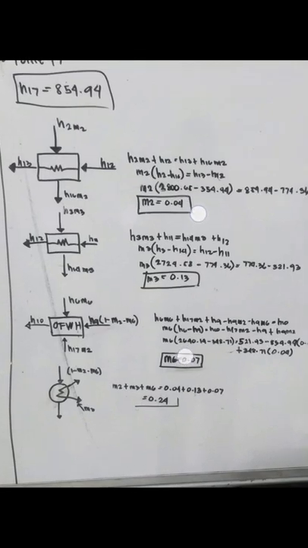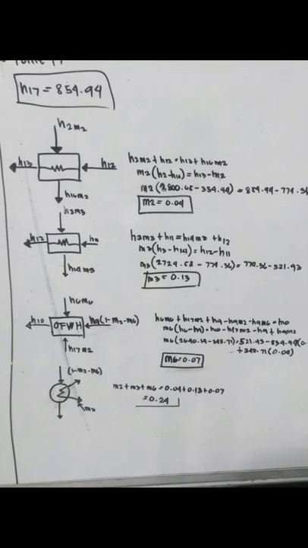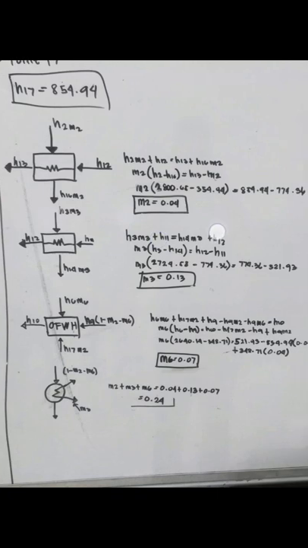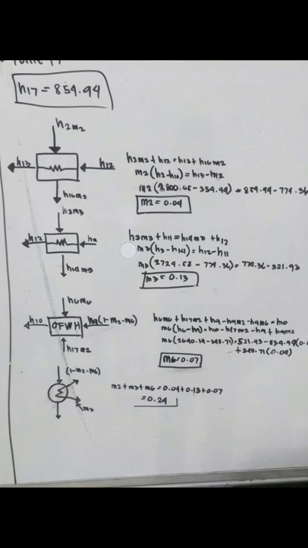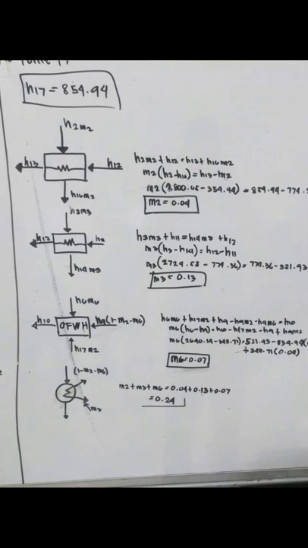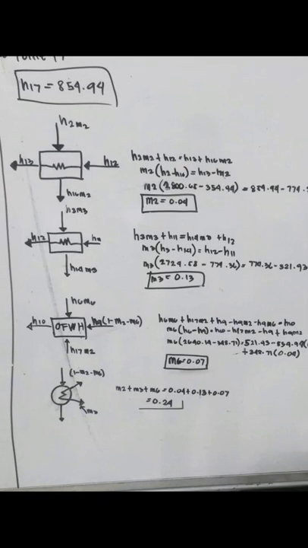So we have to find the mass 3. To find the mass 3, we have to use this equation. H3 mass 3 plus H11, because 11 is the right side, to the H12 is equal to H14 mass 3 plus H12.